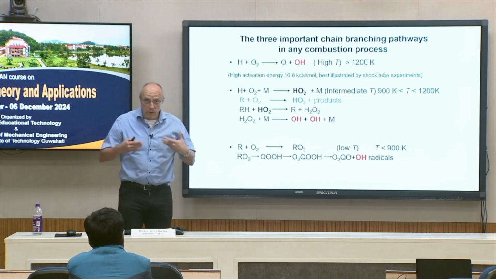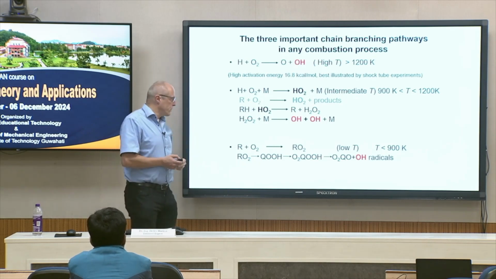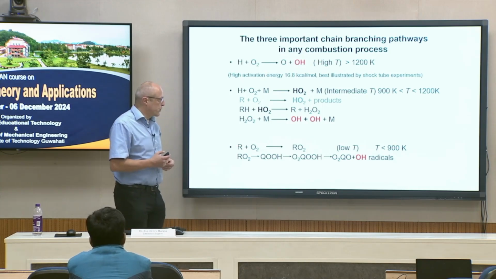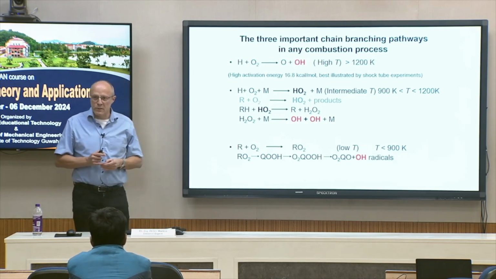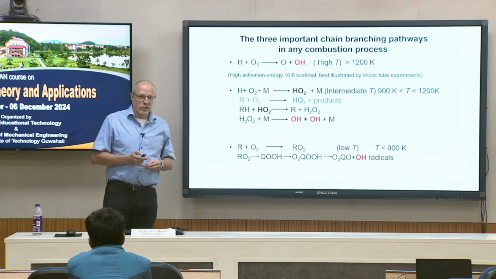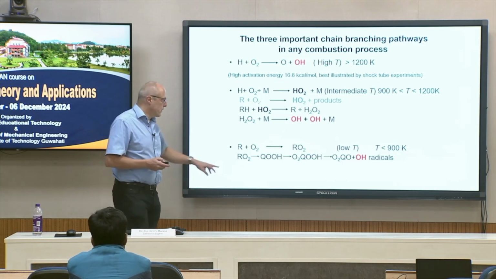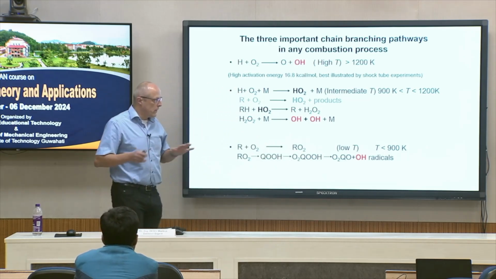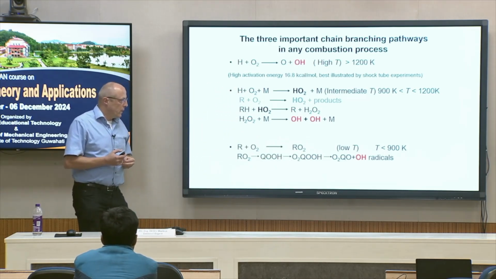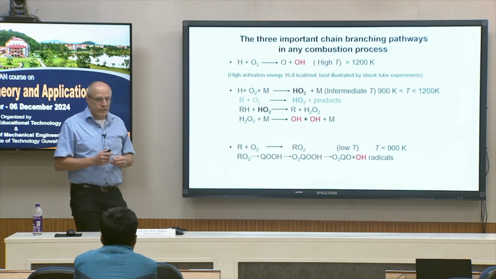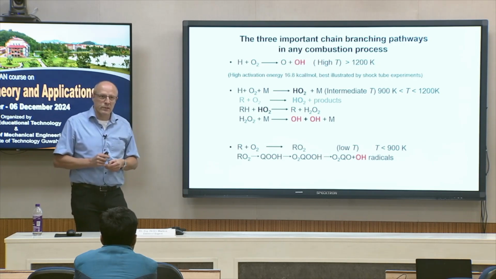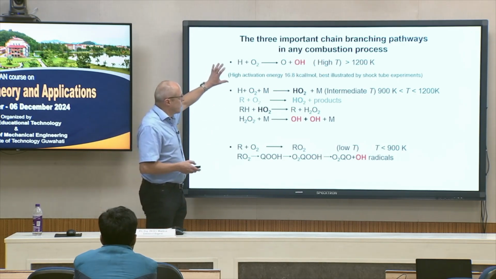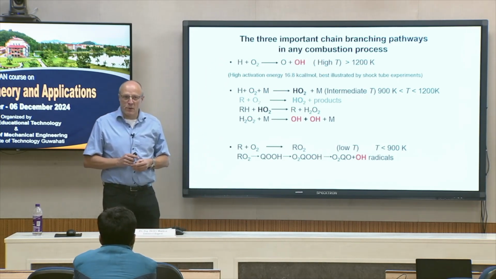And then at lower temperatures, for hydrocarbons especially, we have to consider very complex chemistry. So we have the formation of peroxides like described here. So it's very sensitive concerning a lot of reactions. And therefore, the high temperature part is easy to describe.